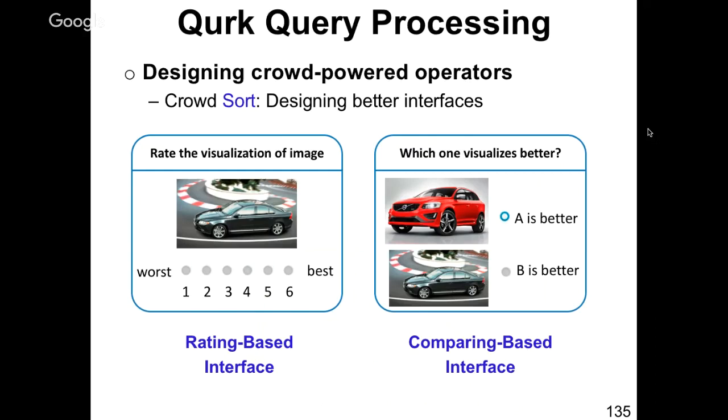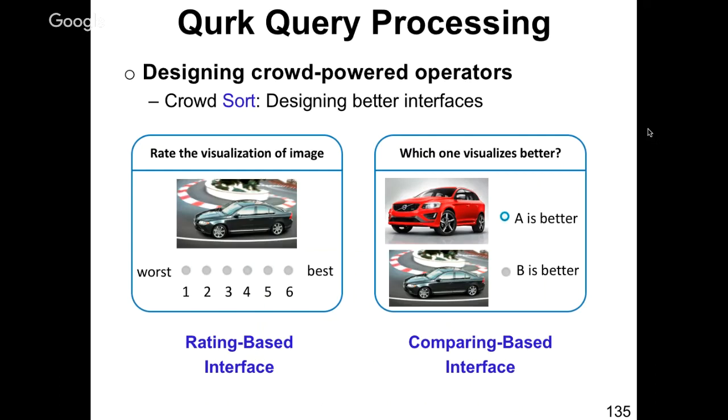However, this rating-based interface may have a drawback that the ratings across different images may not be fully consistent with each other, right? For example, at the beginning, you could be very strict, but at last you are tired and just say, okay, so.